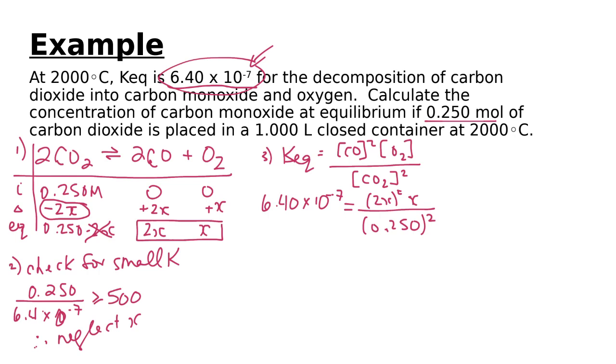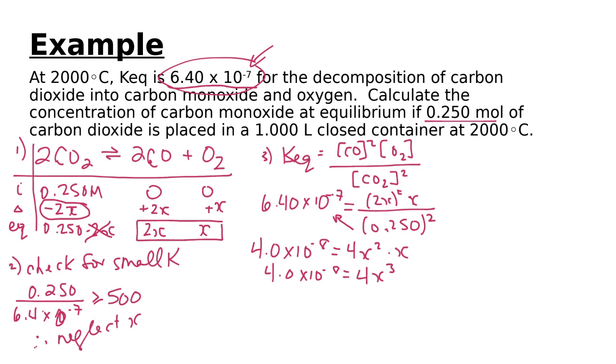Just a reminder here, I'm going to square that value, we'll cross multiply it, and we're going to get a value of 4.0 times 10 to the negative 8. And then when I expand 2x squared, I get 4x squared times x, which gives me 4.0 times 10 to the negative 8 equaling 4x cubed.